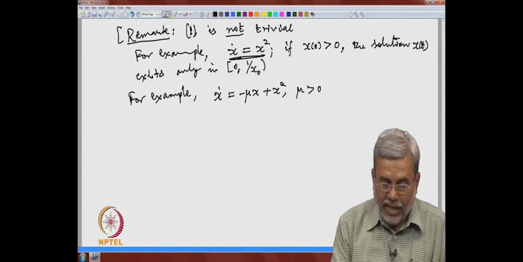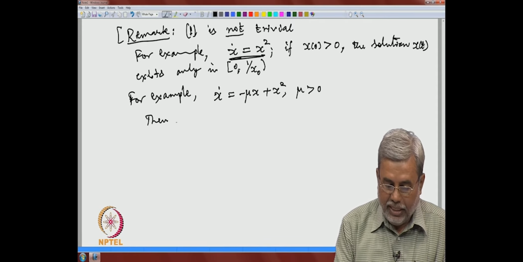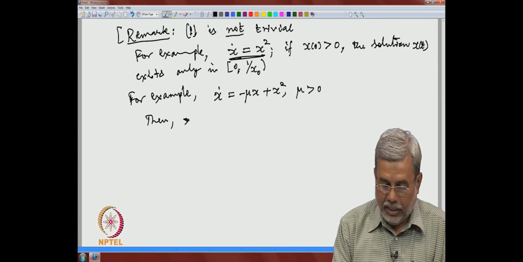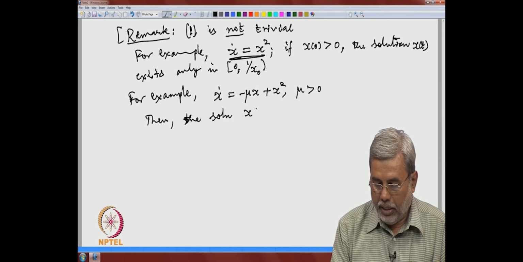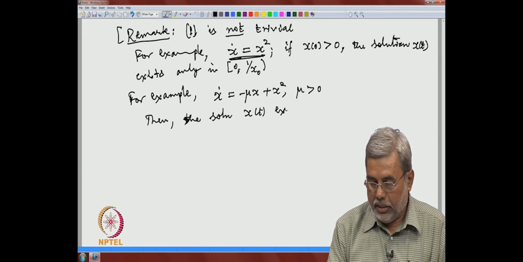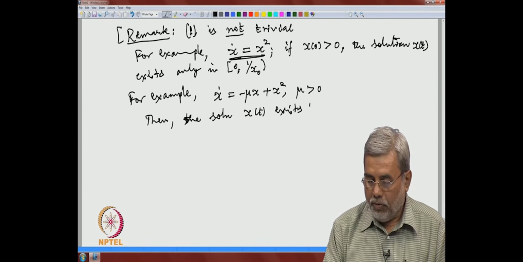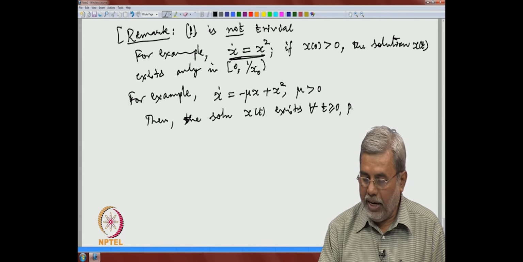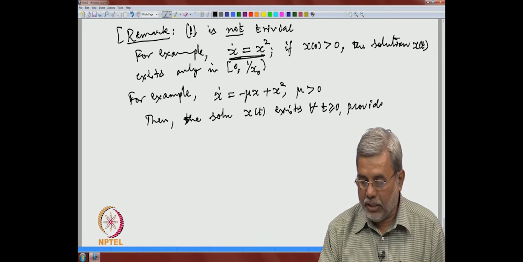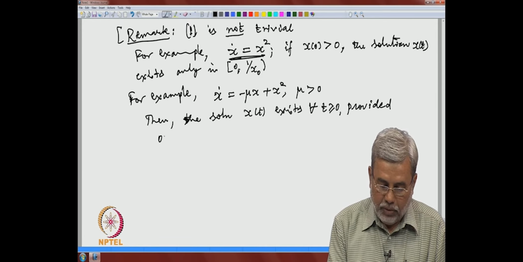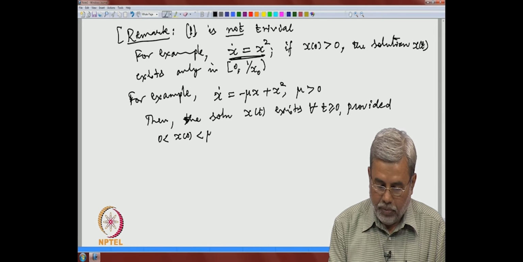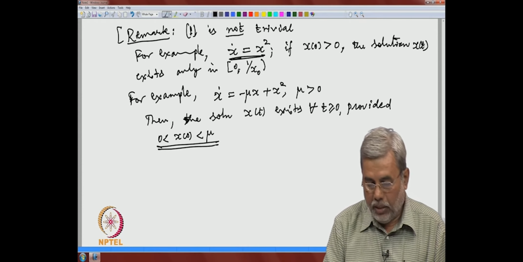Then you can, as an exercise, check that the solution x(t) exists for all t non-negative, provided, so this is the smallness we say in the theorem, provided 0 < x 0 is less than mu.